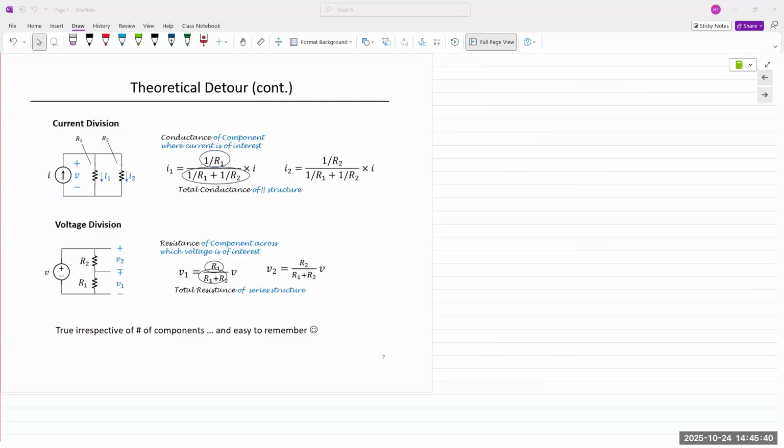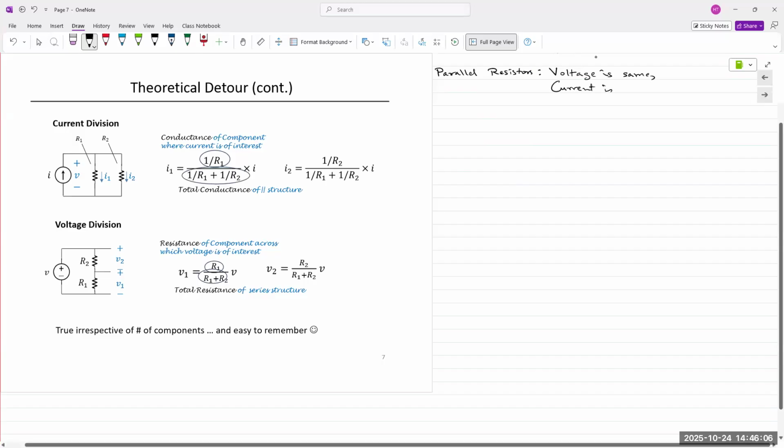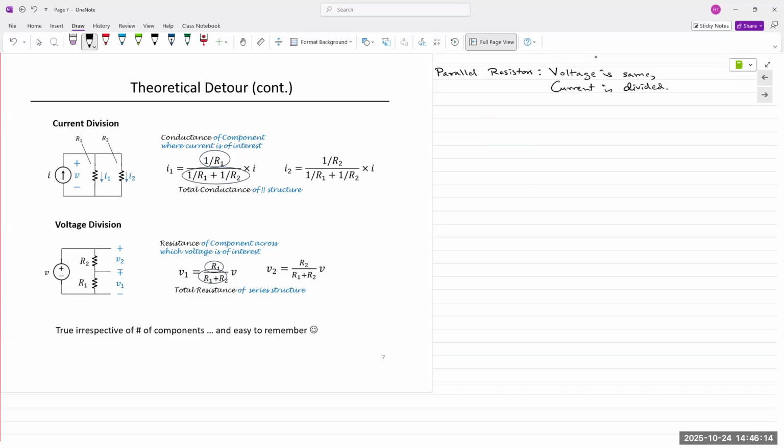And so just want to do a summary that in a parallel connection of resistors, no matter how many resistors you connect in parallel, voltage is the same for all resistors. However, current is divided.